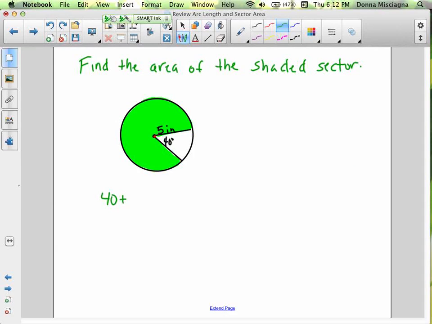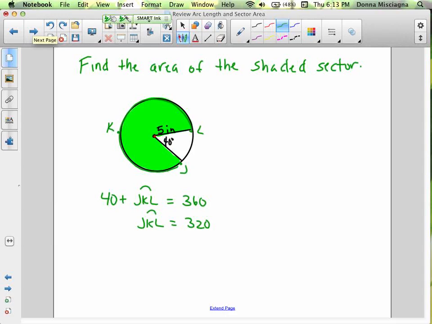I didn't put any letters here, so let's just make it J, K, L. So 40 degrees plus arc JKL together equal the whole circle. If we subtract 40 from both sides, that leaves 320 degrees for arc JKL.